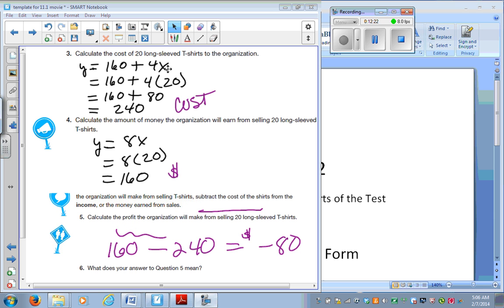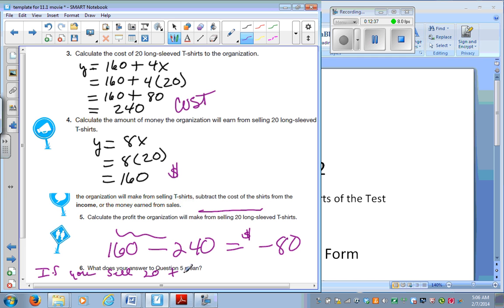What does your answer to question number 5 mean? It means that if you follow this plan, that if you sell 20 t-shirts for $8, you'll actually lose $80.